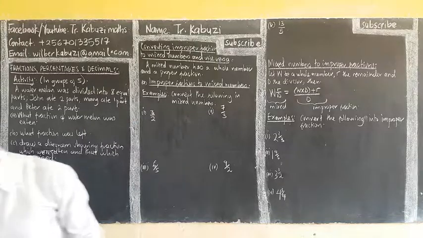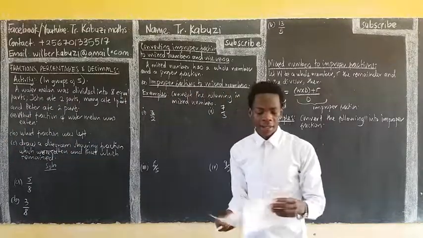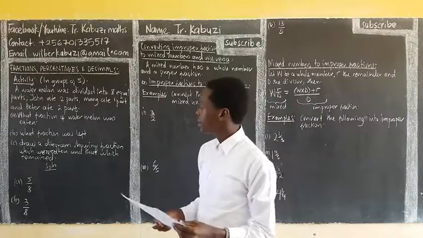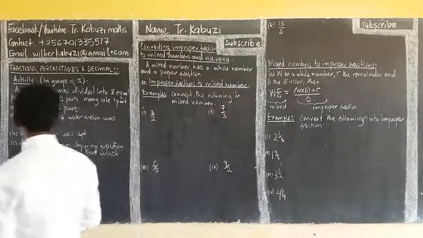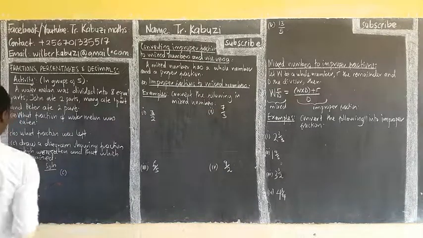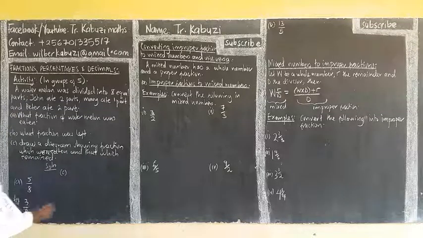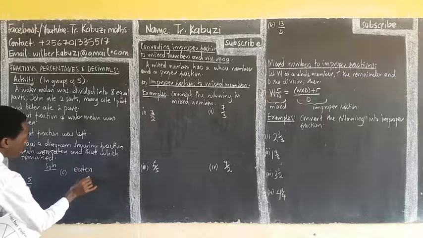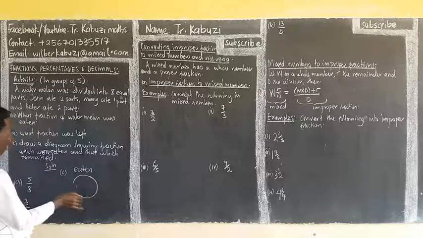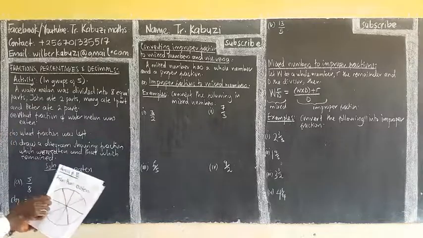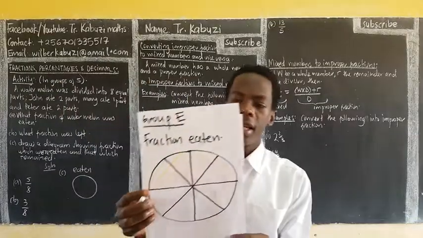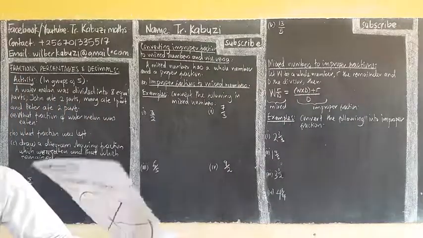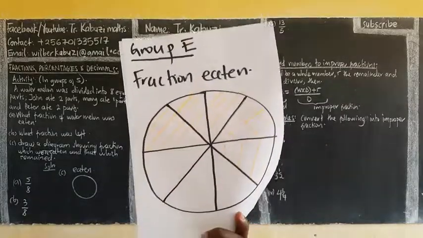Okay. Now, I'm going to use group E and group 4. The fraction that was eaten. This is part C. Okay, for them this is how they presented the eaten fraction. They had to shade it, as you can see, the fraction which was eaten there.